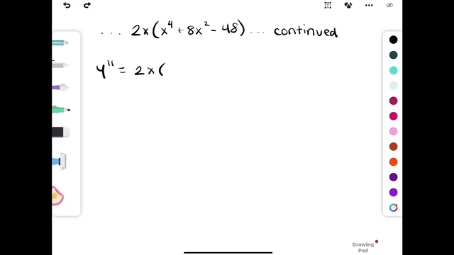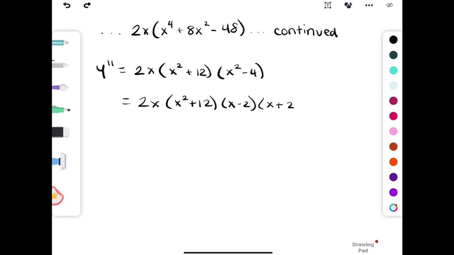To continue, you're going to keep breaking down the problem to make it much easier to find the zeros. As you see here, I have the second derivative equals 2x, parentheses x squared plus 12, times x minus 2 times x plus 2, and you're going to set that equal to 0 to find the zeros.